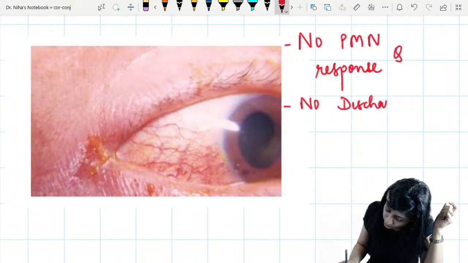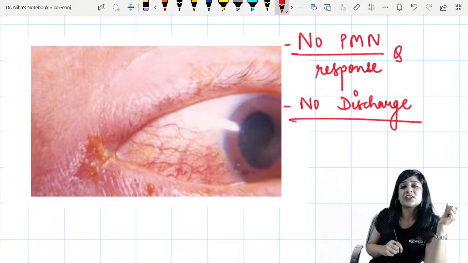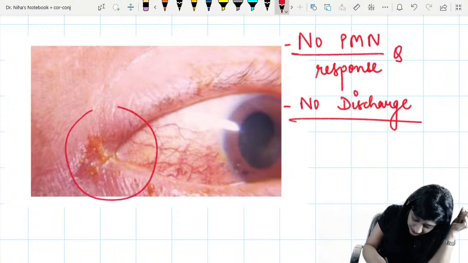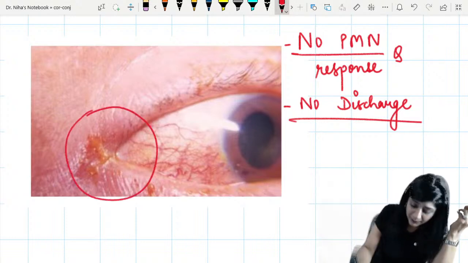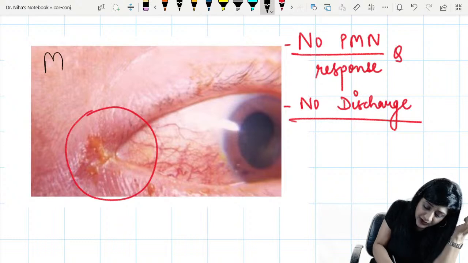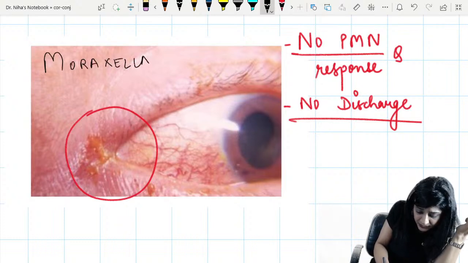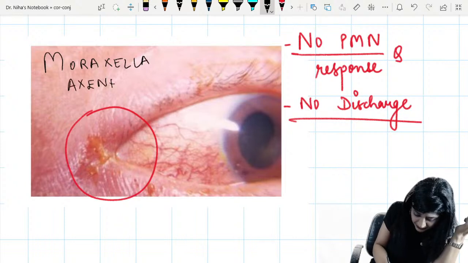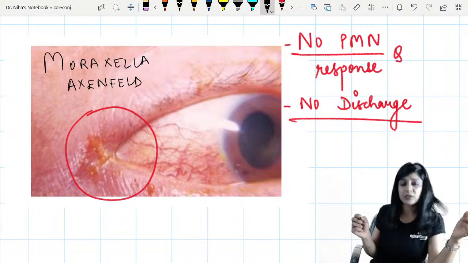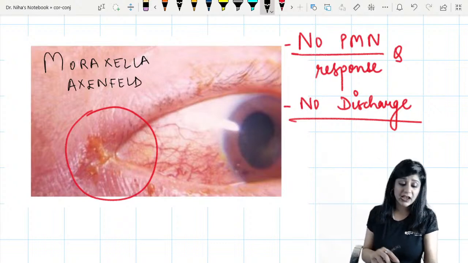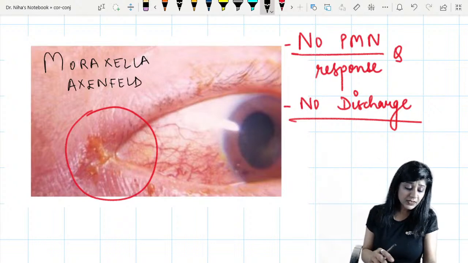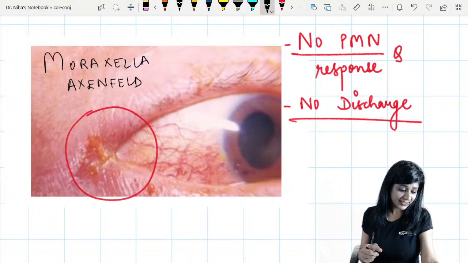No polymorphonuclear response is there, therefore there is no discharge, and you are getting something like this. We are getting the eczema. So this is caused by Moraxella Axenfeld. Now can you tell me what is this? It is caused by Moraxella Axenfeld. So what kind of conjunctivitis is this? Very frequently asked. Moraxella Axenfeld. Yes, very good.